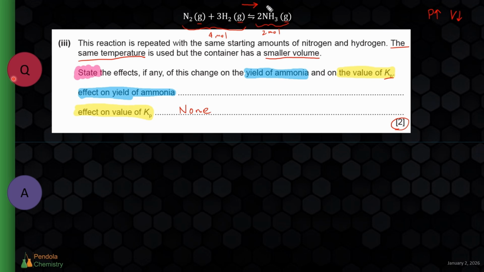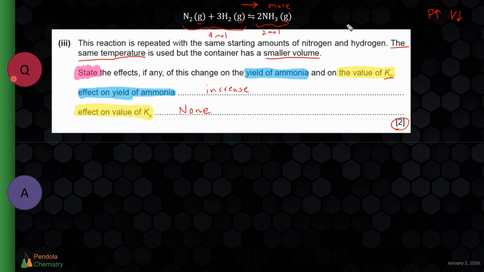So it's going to shift to the right, meaning we are going to get more ammonia. Because we're shifting towards the products, we get more ammonia. How does it affect the yield of ammonia? The yield of ammonia is going to increase.